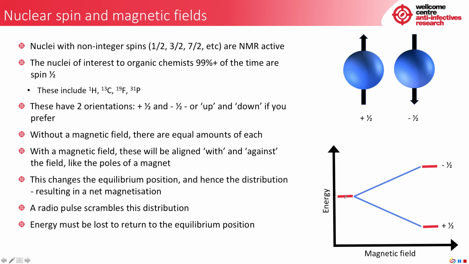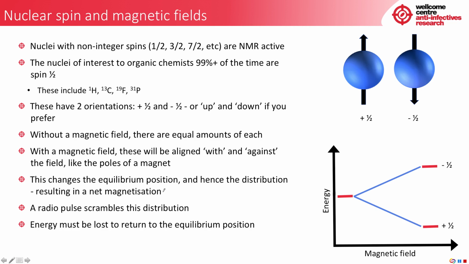You can see here how this energy gap grows as the magnetic field gets stronger. This is called the Zeeman effect, and this changes the equilibrium position between these two spins and creates an equilibrium where there is a small preference towards aligning with the field, and this results in a net magnetization.